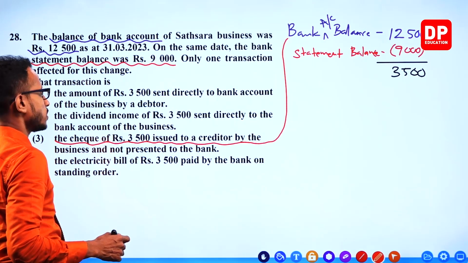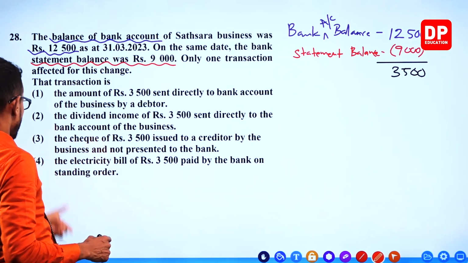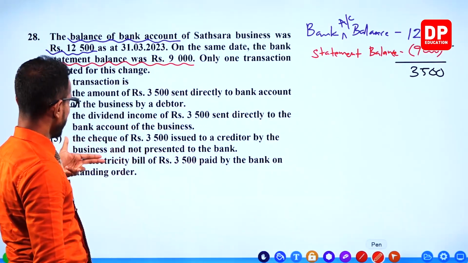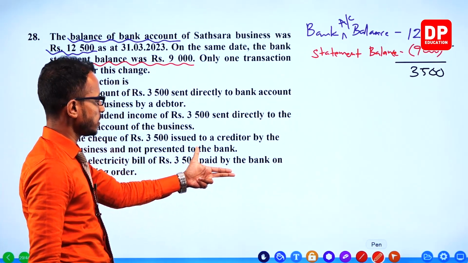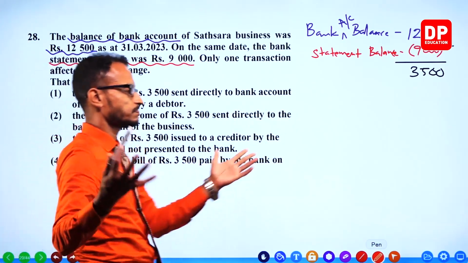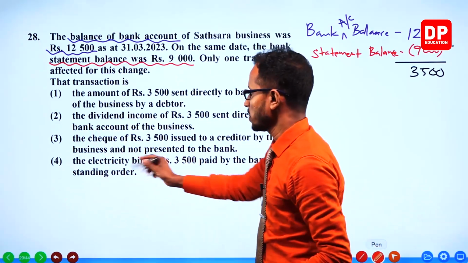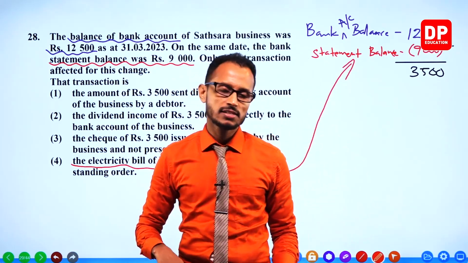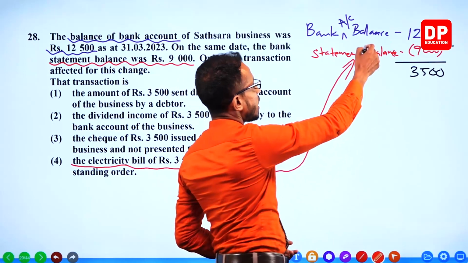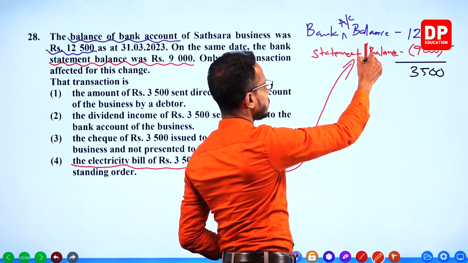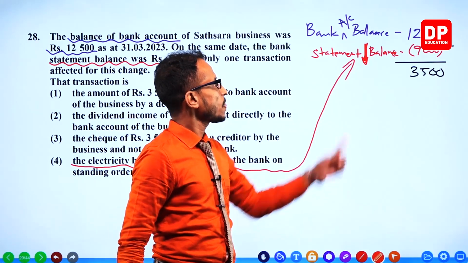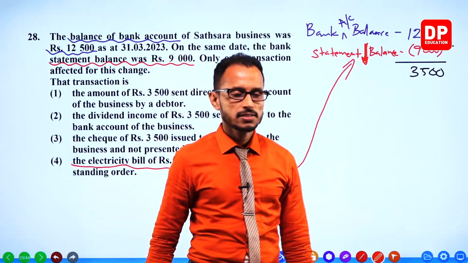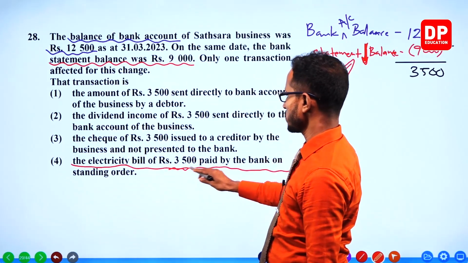Obviously, the last answer. What is it? The electricity bill of 3,500 paid by the bank on standing order. Let's take this one. The electricity bill of 3,500 is paid by the bank, so it has been recorded by the bank, and it's a payment, so the payment decreases the bank balance, and the statement balance is lower by 3,500 than the business bank account balance.